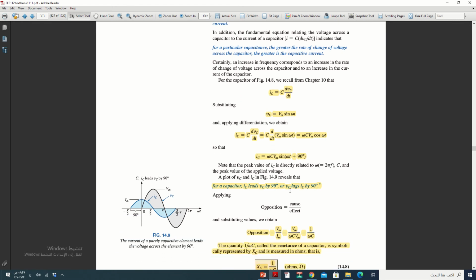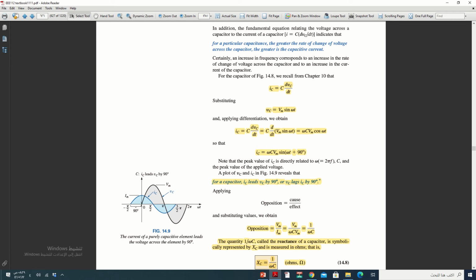If we draw the voltage, it starts from 0 in this example, and the current is shifted by 90 degrees. It is minus 90, which means it starts from negative. Now we can say the current reached 0 before the voltage reached 0.